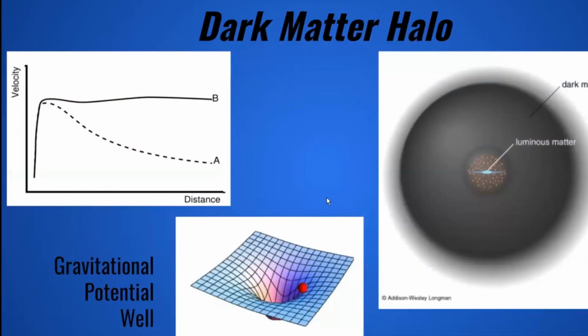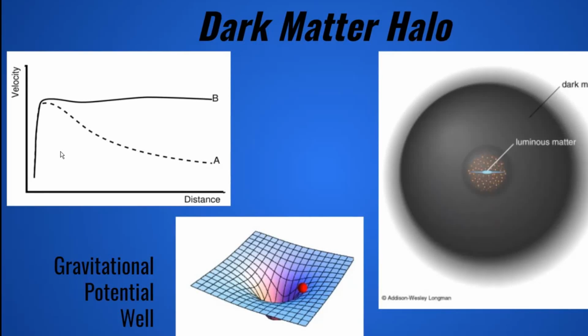As I said, dark matter is fundamental in the description of a galaxy, because there's more dark matter in a galaxy than luminous matter. And the first time we suspected there was something else, not just visible matter, is when we measured the rotation curve of a galaxy, which we expect would increase up to the edge of the galaxy and then start decreasing the further away from the galaxy we move.